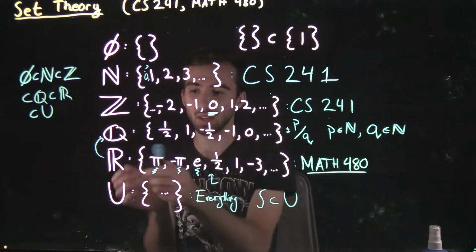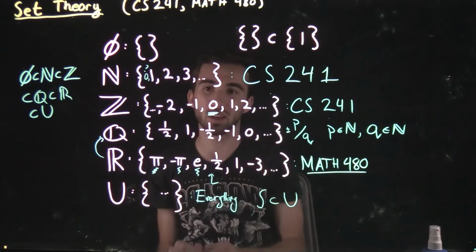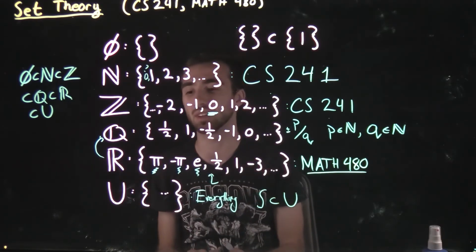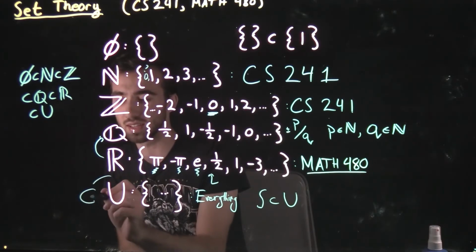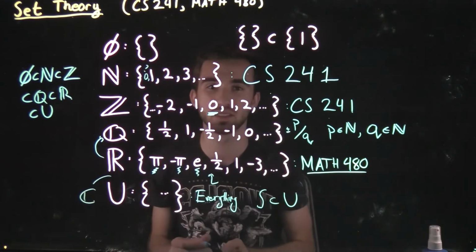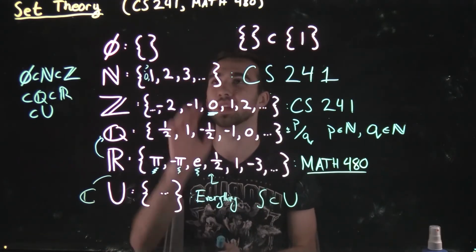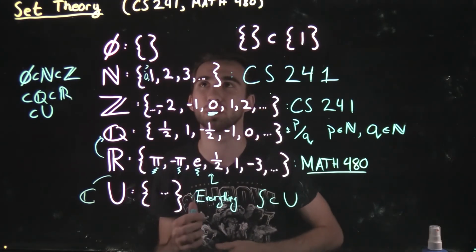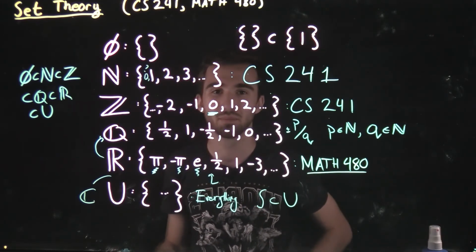The integers are included inside of the rationals, which are included inside of the reals, which is included in the universal set because the universal set has everything. And I guess you can, in theory, also put here the set C, which is complex numbers. But they're not that important for CS 241 and 480, so we can just ignore them for the time being.